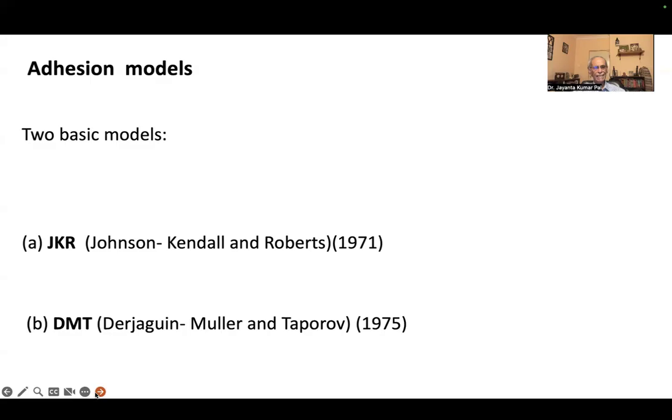These are called JKR, Johnson, Kendall, and Roberts, in 1971. And then a little later, DMT, Derjaguin, Muller, and Toporov, 1975. These are the two main models, and they can very well predict the pull-up force or the force of adhesion.